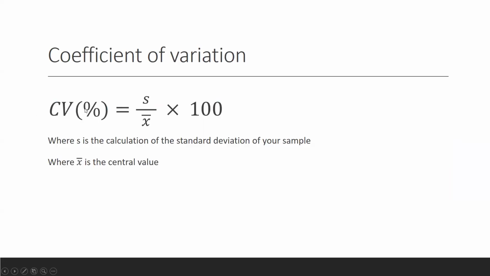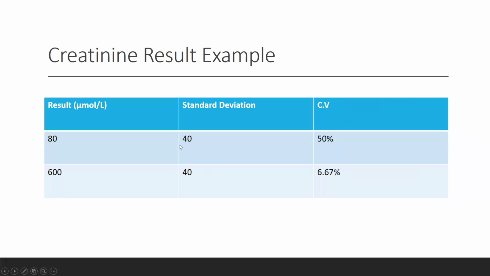And so we often use the coefficient of variation. That's the standard deviation divided by the central value, multiplied by 100, so it's measured in percentage. Just to put that into context, with our result of 80, you get a coefficient of variation of 50%. For the second example, you get a coefficient of variation of 6.67%. This is probably a better representation for 2 reasons.